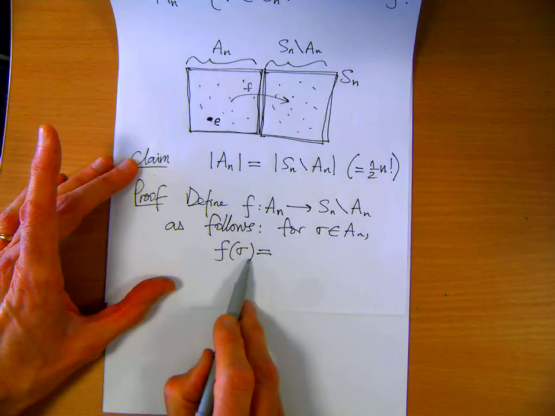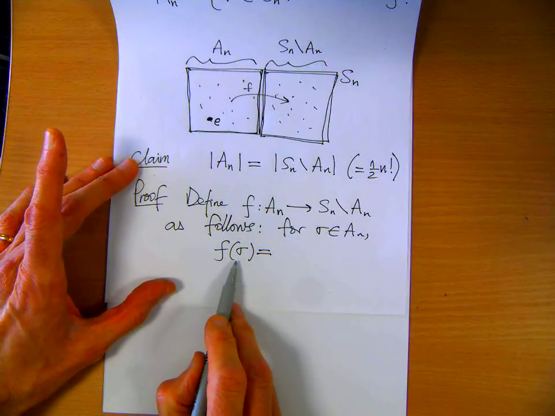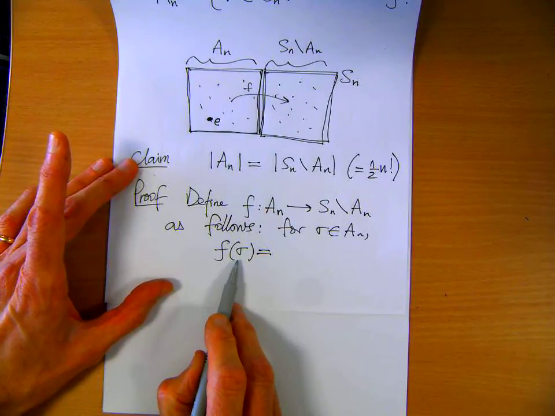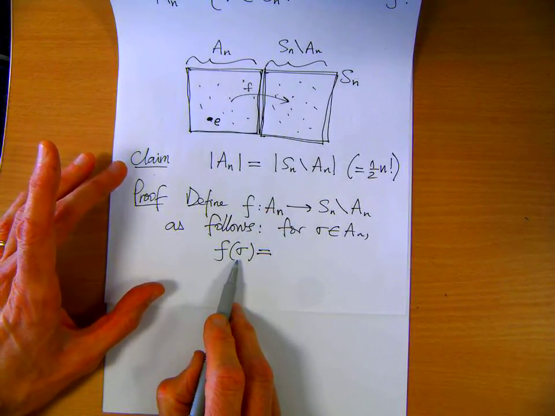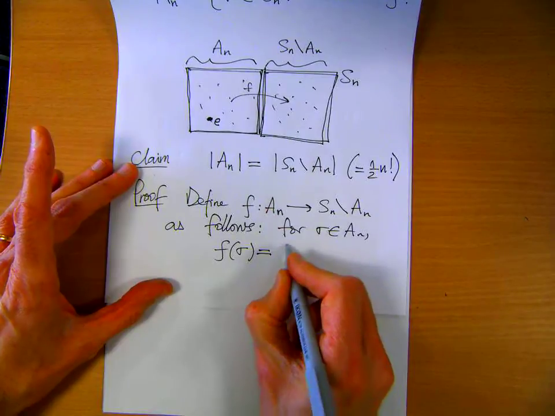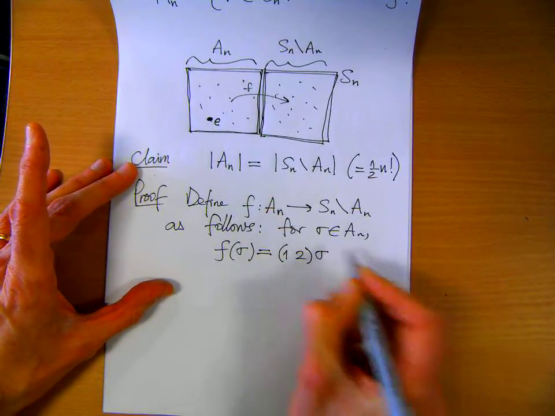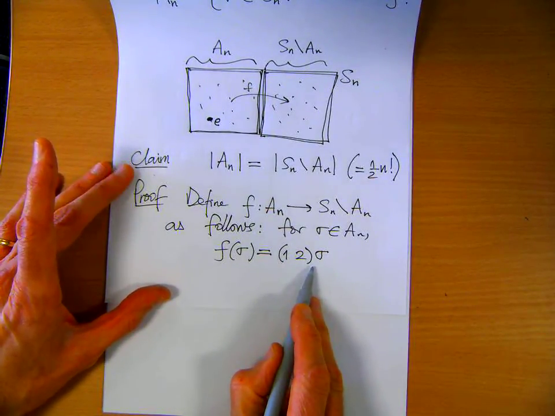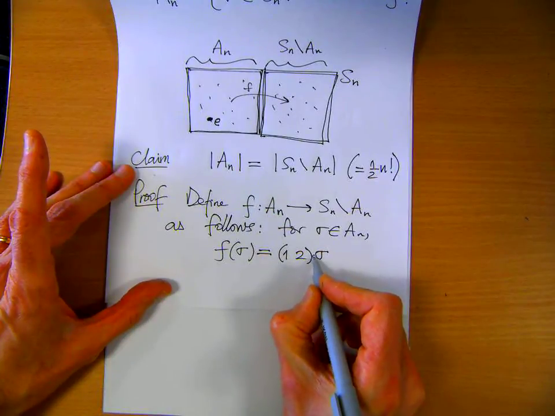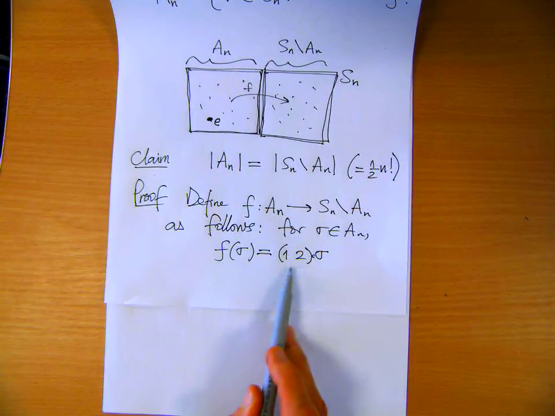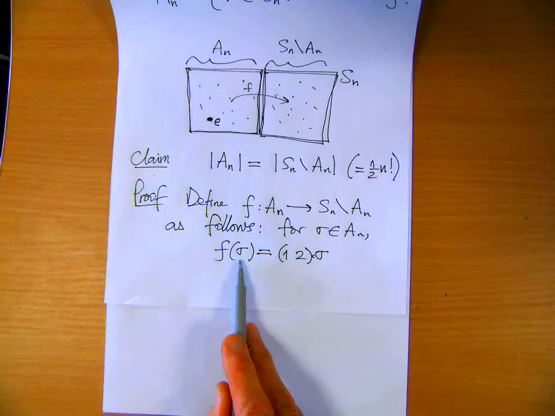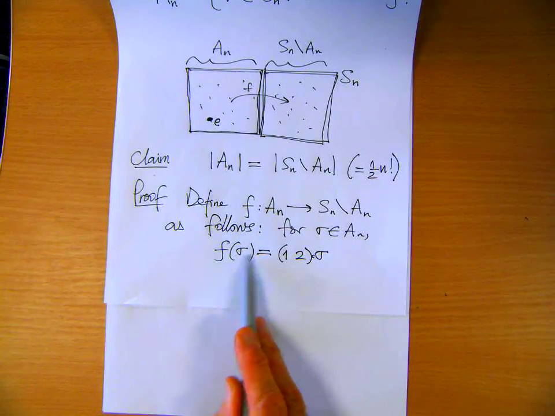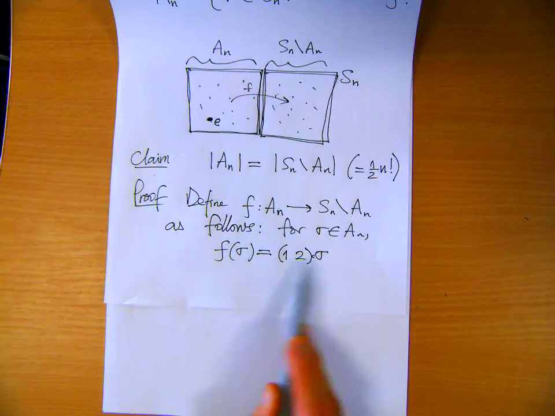I'm going to define f of sigma to be what? Well, sigma is supposed to be even. How would I get an odd permutation from sigma? Well, I just multiply it by, say, (1 2). So this is really composition of bijections. So sigma is even, so that can be written as a product of an even number of transpositions.